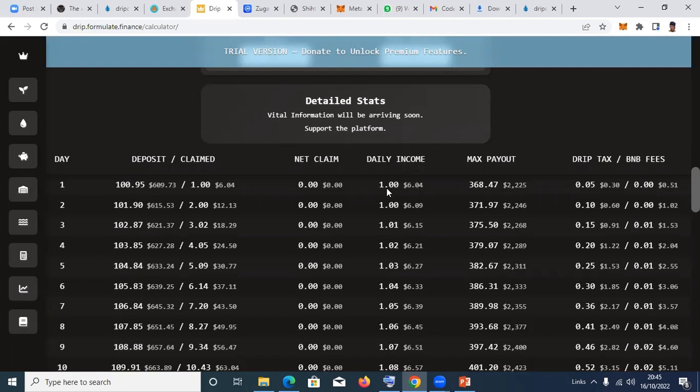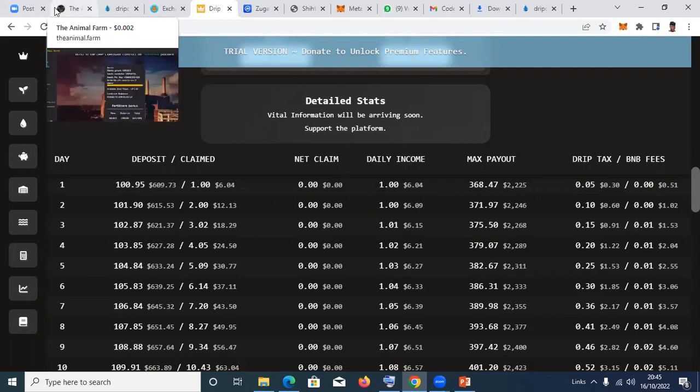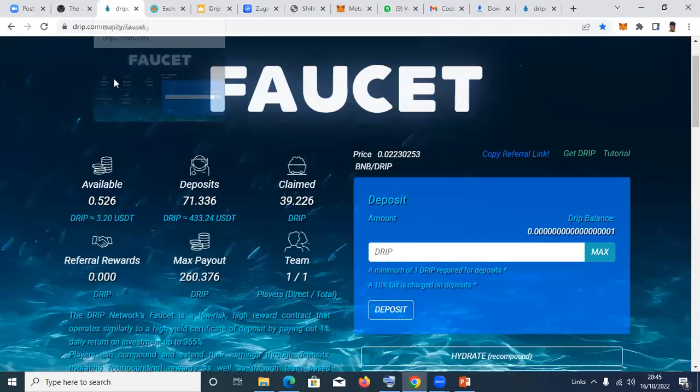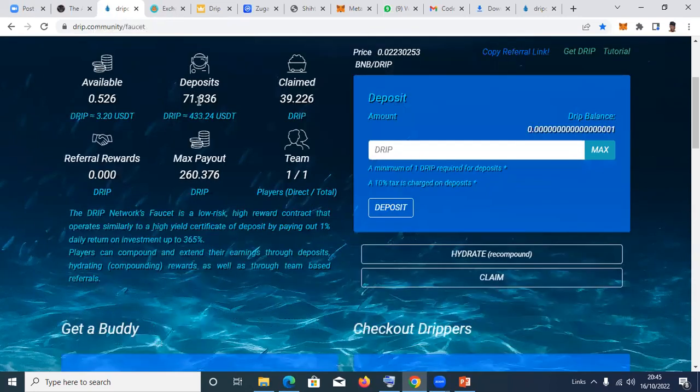On day two, this one drip that you have made, if you compound, what I mean by compound is that you come here and say, okay, I've made one drip here. For instance, I have, watch here very well, 0.526 drip, and it is worth 3.220 USDT. If I want to increase this, look at my balance currently. My current balance here is 71.336.